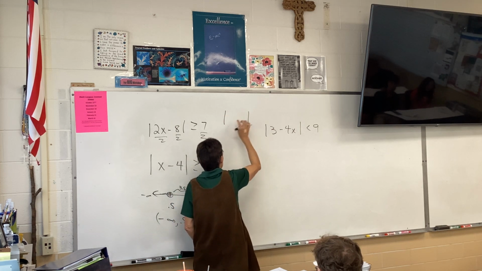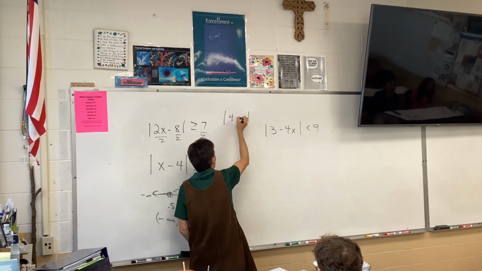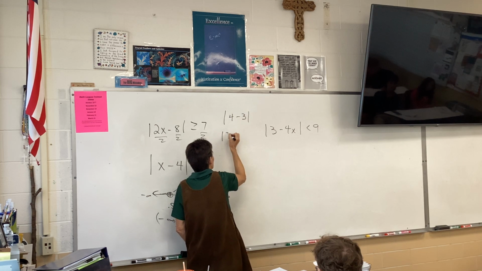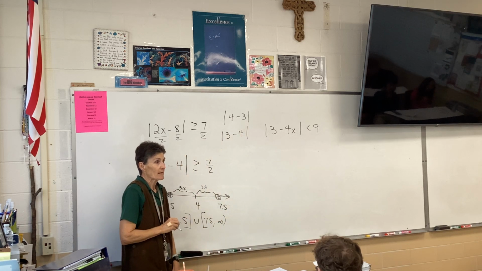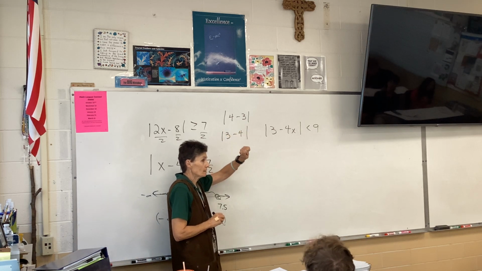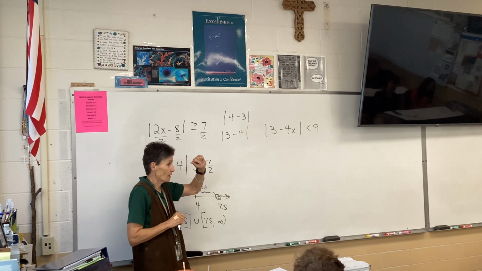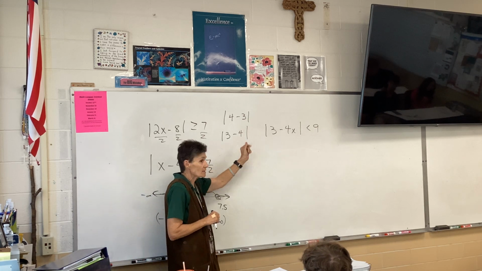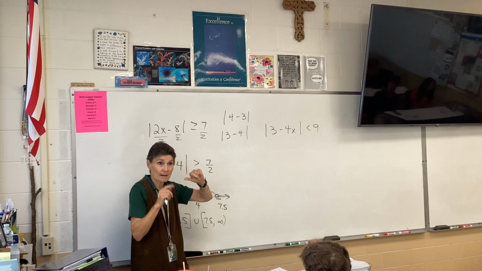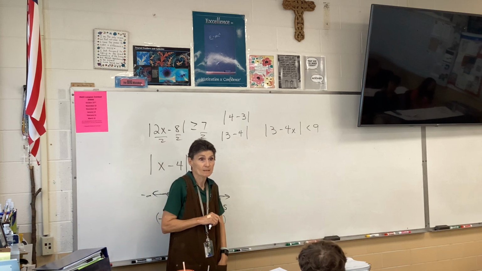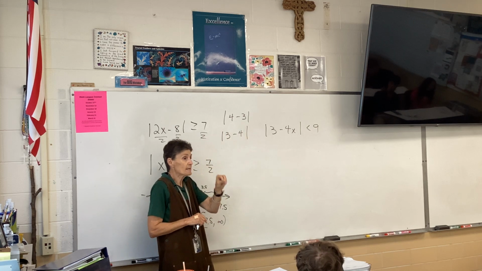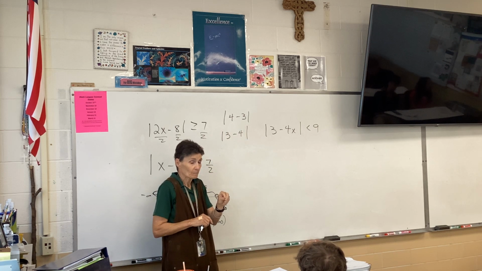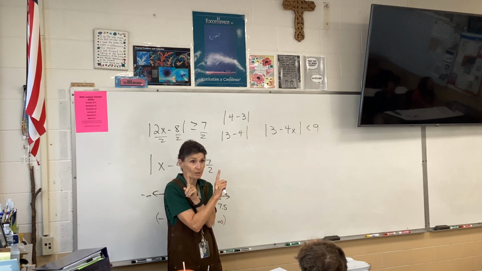If I am taking absolute value, are these two things the same? So what's 4 minus 3? 1, and the absolute value of 1 is 1. What's 3 minus 4? Negative 1, but the absolute value of negative 1 is 1. So are these two the same? Yes. Only in absolute value you can turn your subtraction around.